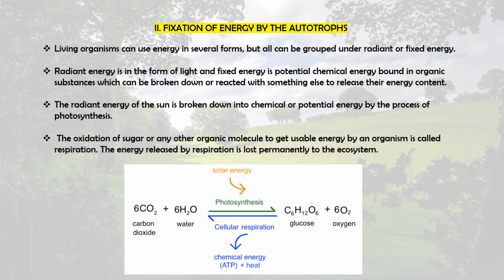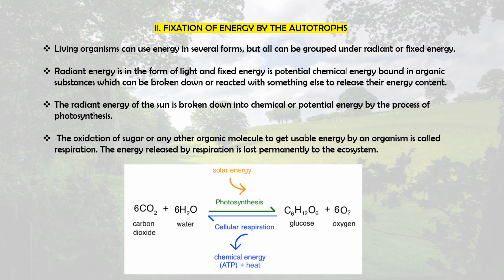So if in case gross primary productivity is equal to respiration, then we don't have any net primary productivity, so there is no change in the energy content. But when the gross productivity is more than respiration, means photosynthesis rate is more than respiratory rate, then we will get an increase in biomass.